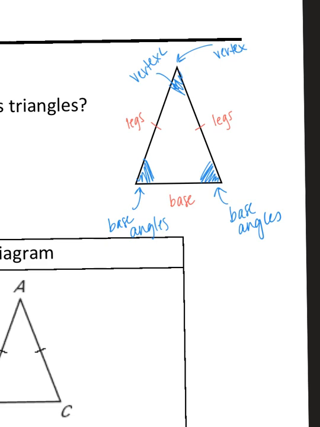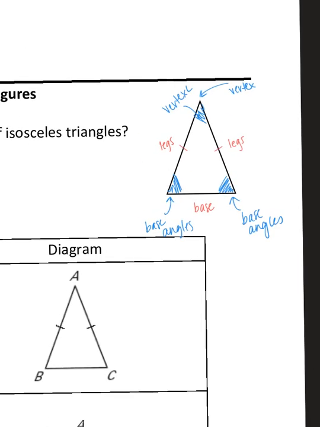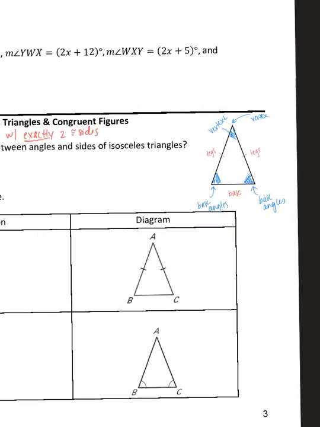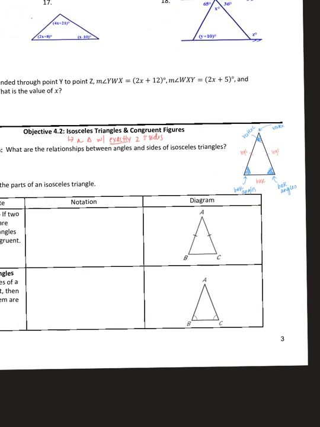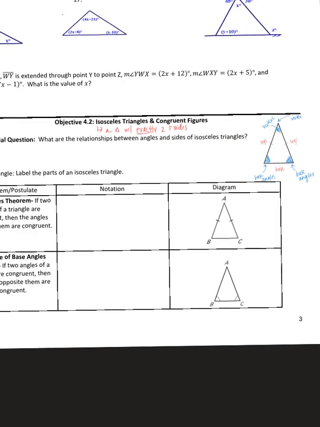Okay, so there are the parts of our isosceles triangle, and those are going to be pretty important for understanding what these theorems say about isosceles triangles. Okay, so the first one is called the base angles theorem. And it says if two sides of a triangle are congruent, then the angles opposite them are congruent.